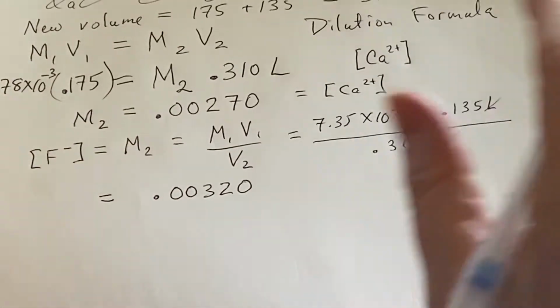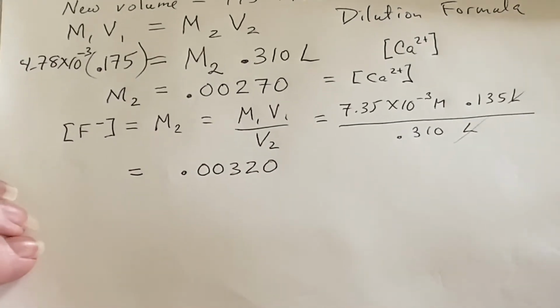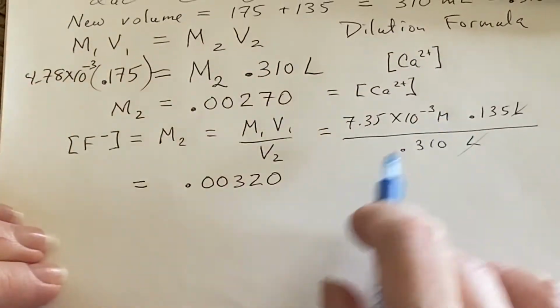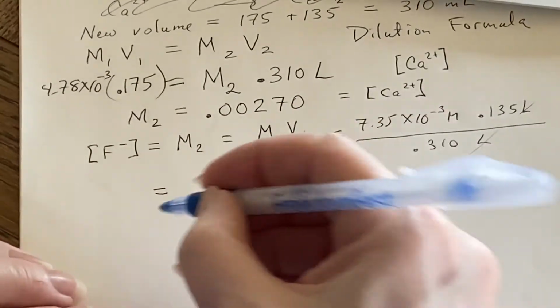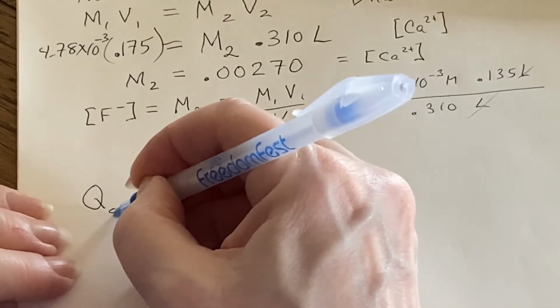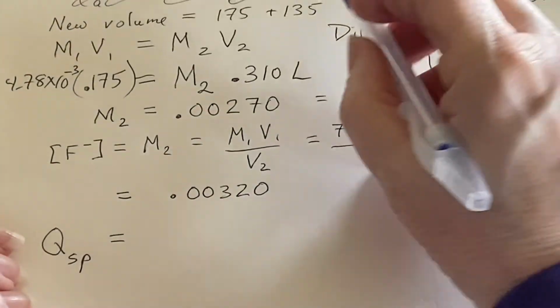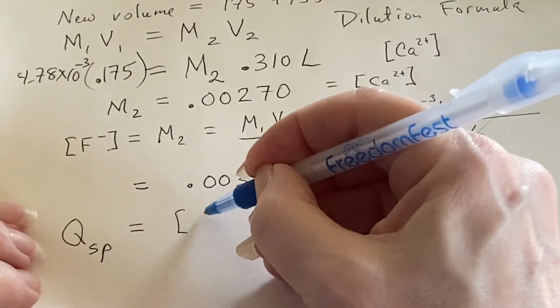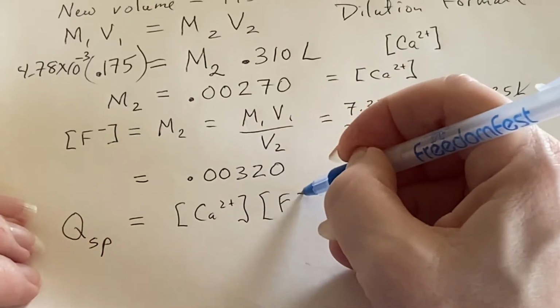Okay, so we're believing that we've gotten the numbers correct. So if I'm mixing these together, I'm going to take these numbers and figure out what the Q solubility product is for this. And it's formed the same way. It's just going to be, what was my calcium ion concentration? What was my fluoride ion concentration?